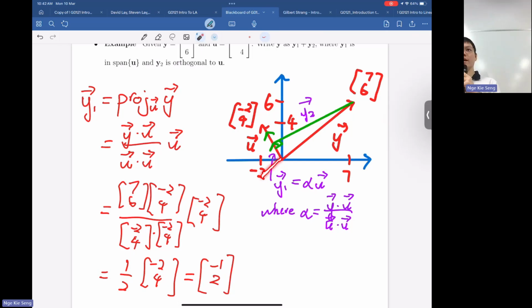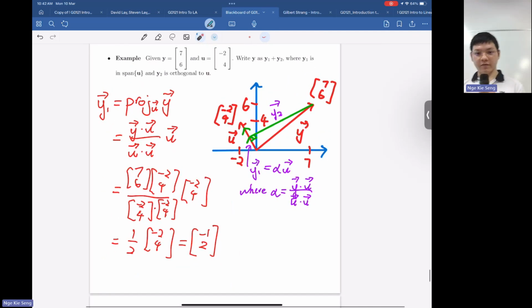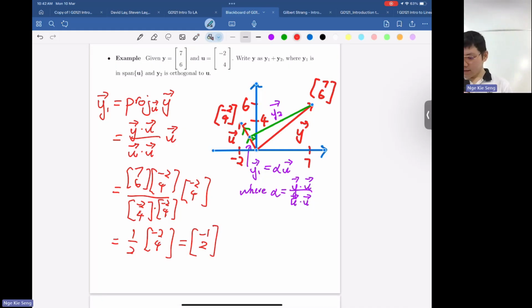This is one way to check your calculation. Does it make sense? If you calculate something wrong, it won't be in the span of u anymore. So this is y1. In this case, can you find y2 or not? How do you find y2? Solve them.